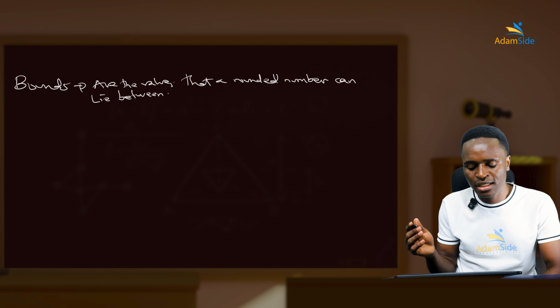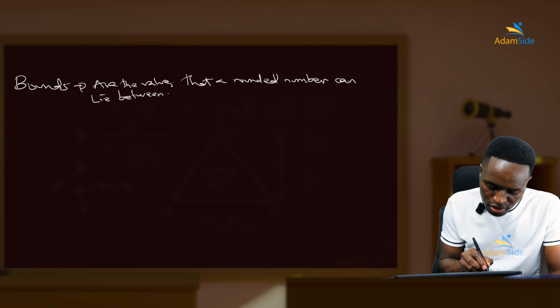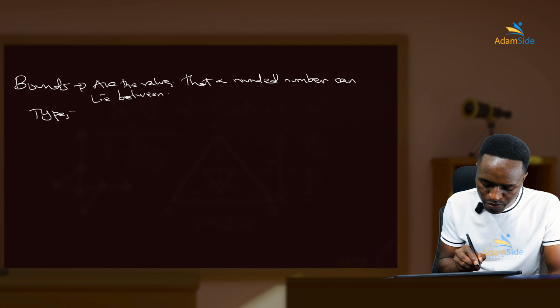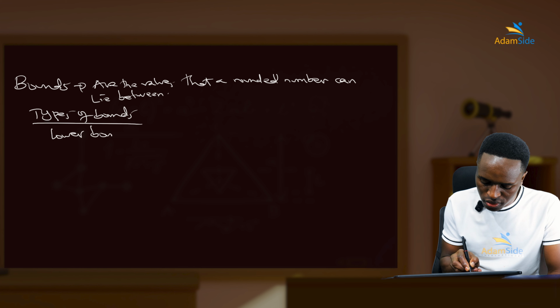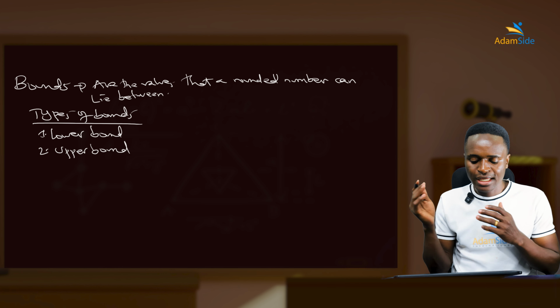So we said in bounds we have lower bound and upper bound. There are two types of bounds. Number one, we have the lower bound, and number two, we have the upper bound.